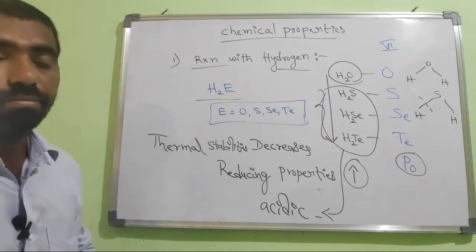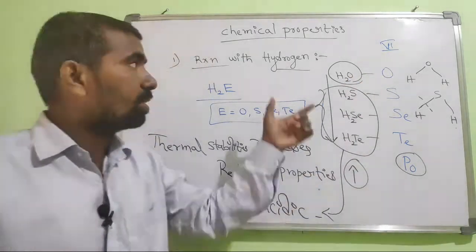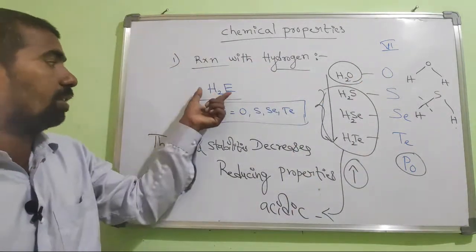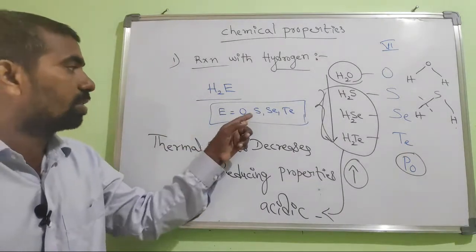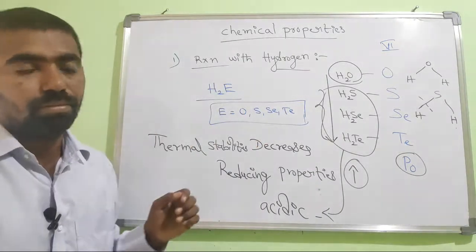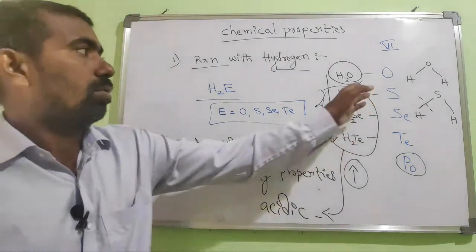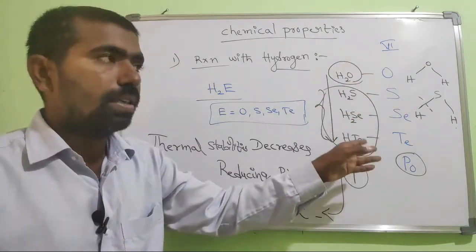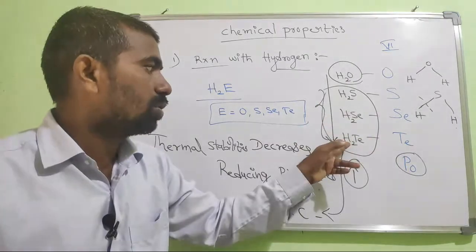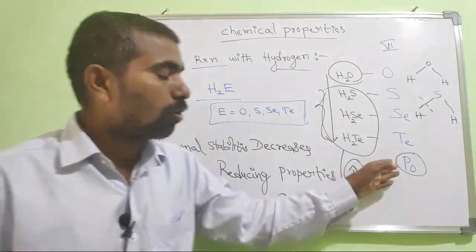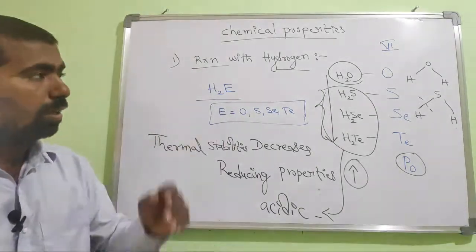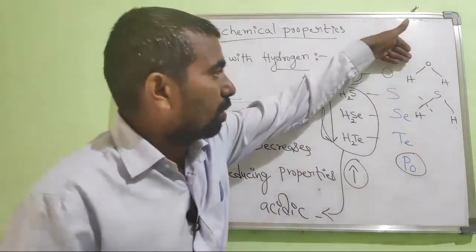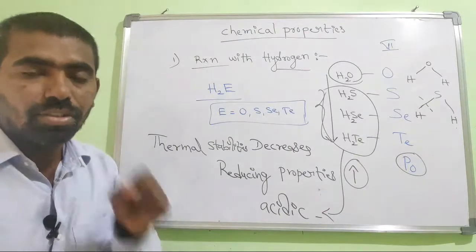Again I am repeating, the 6A group elements combine with hydrogen and form H2E type of compounds. Here E means oxygen, sulfur, selenium, tellurium. Some example compounds I have written: H2O, H2S, H2Se, H2Te. Polonium is a radioactive element and doesn't form any compounds with hydrogen. From top to bottom, atomic sizes increase.